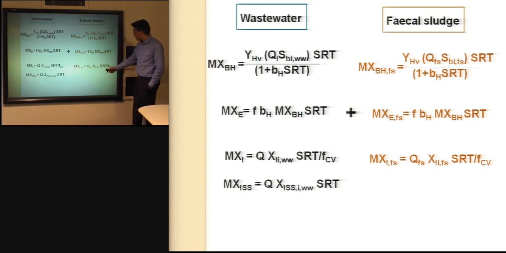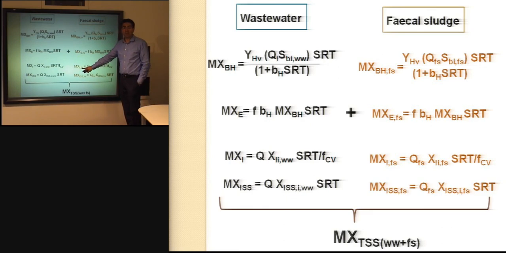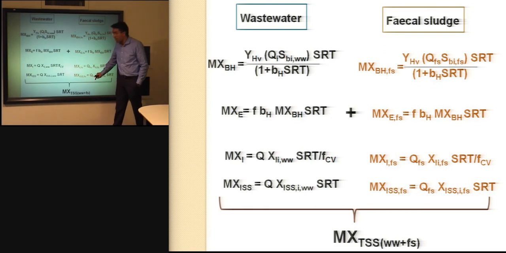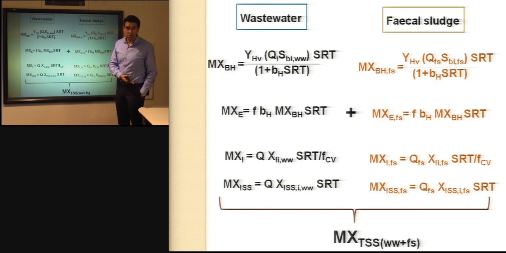We can also take into account the amount of unbiodegradable particulate organics present in the fecal sludge, together with the concentration of organic suspended solids, calculated in a similar way as for the wastewater but with the concentrations present in the fecal sludge. It's then possible to estimate the new mass of solids that will build up in the activated sludge plant because of the discharge of the fecal sludge.